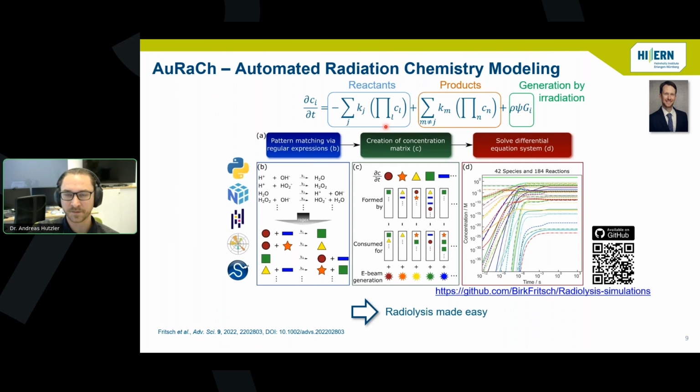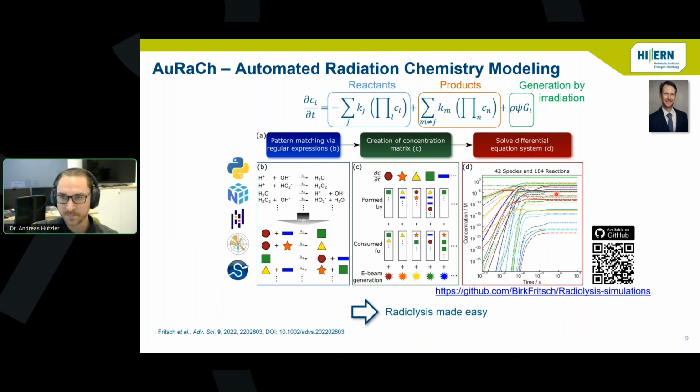And then we have 2 terms describing the chemical reactions, the reactants that are consumed and the products that are formed. The software just uses a text file containing all the chemical equations and their rate constants, and a second text file containing the G values and initial concentrations. Then the software automatically generates a concentration matrix and is able to solve this partial differential equation.